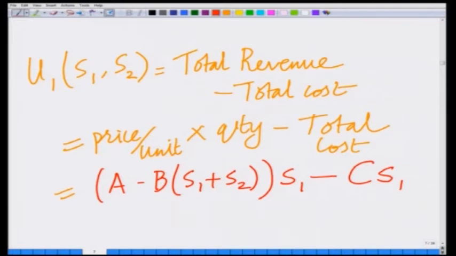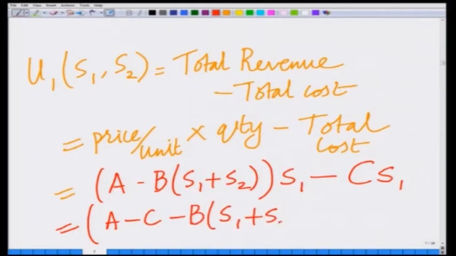This can be further simplified as A minus C minus B times S1 plus S2, times S1.